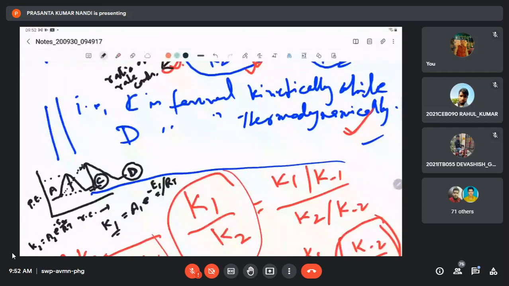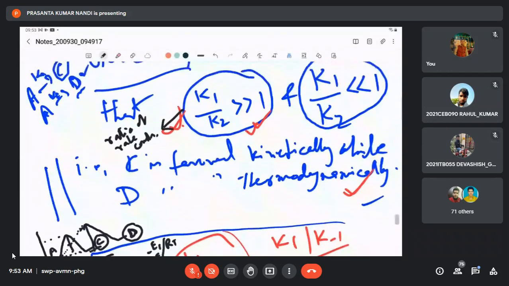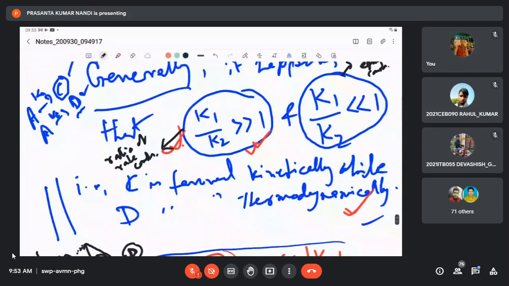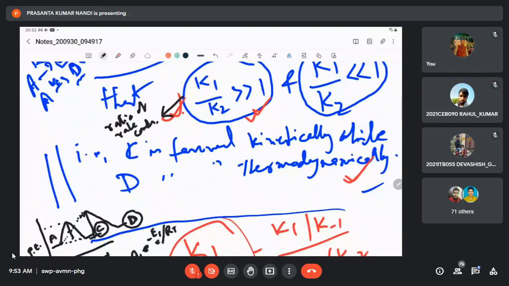So normally, if K1 by K2 is much greater than 1, the equilibrium constant ratio will be reversed. That is, capital K1 by K2 is much less than unity. C is favored kinetically, but D is favored thermodynamically, because D will decompose to a lesser extent, but C will be easily decomposed. So naturally, at a given time, you can find there is a greater accumulation of the product D with respect to that of C. Is it all right?